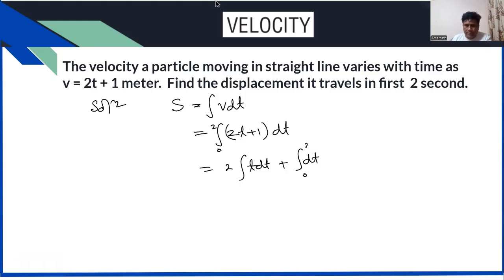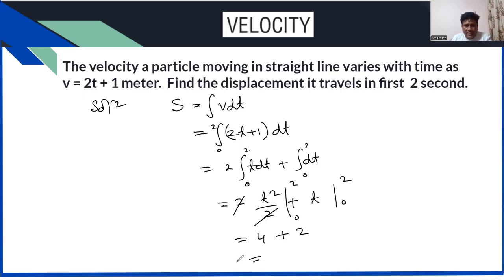So it will be 2 times t square by 2, the 2 cancels, that will be t square, from 0 to 2, plus t. So 2 square is 4, plus 2. Answer is 6. Exactly. All of you are correct.